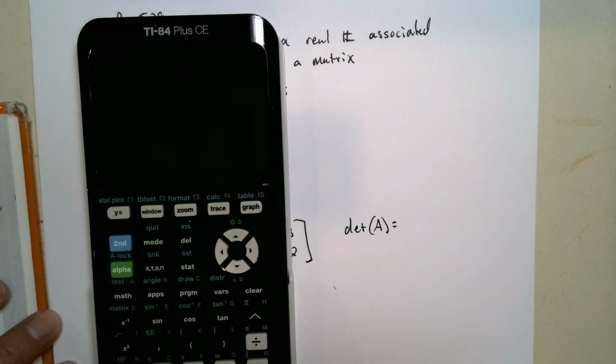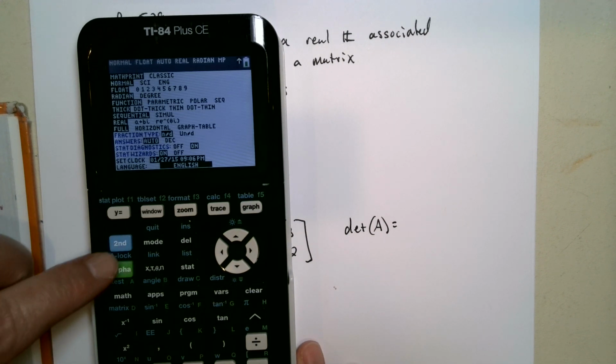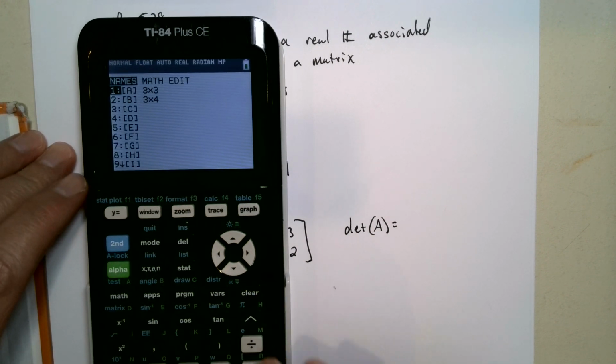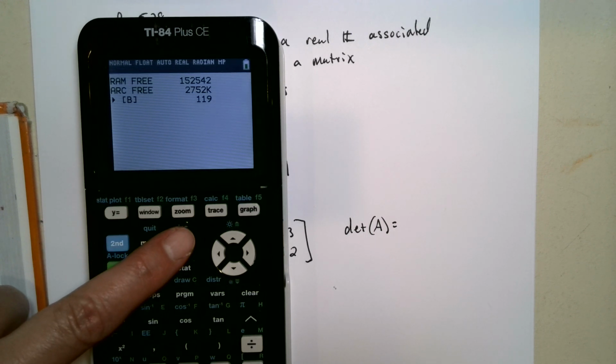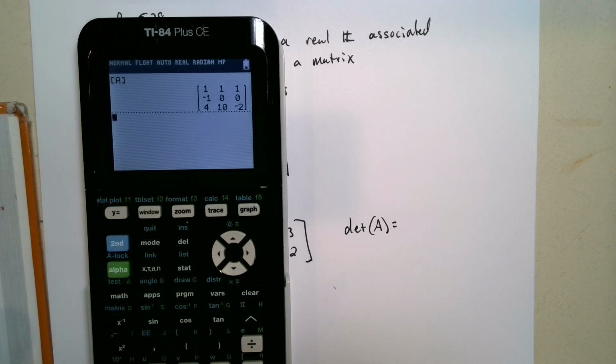So we're going to take our calculator, and I'm going to go to the matrix area, and I need to clear out what I have in there left from last week. So I'm going to go second memory, number 2, number 5, and I'm going to delete the matrices that I had in there.